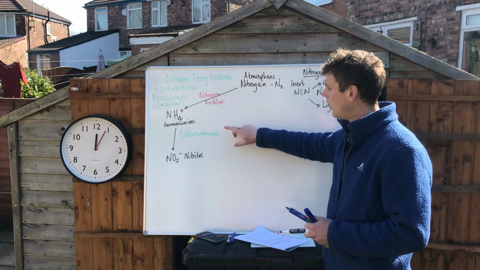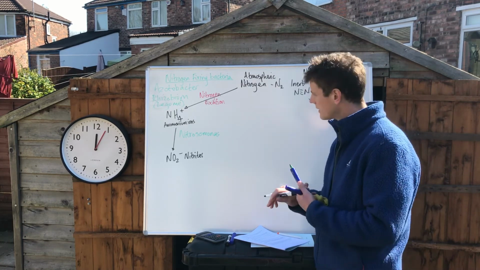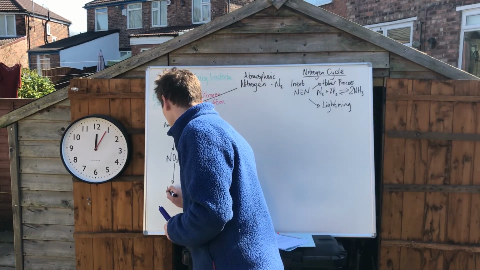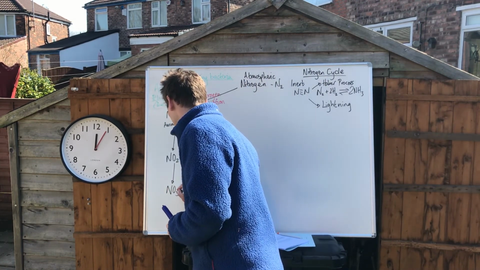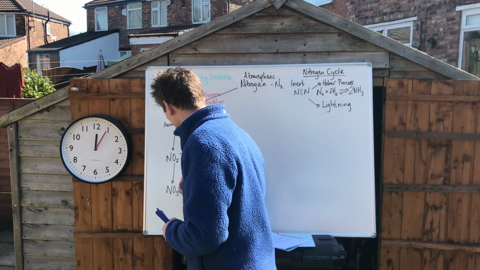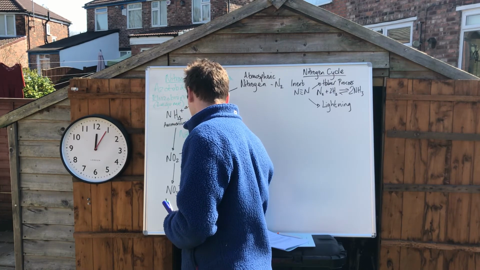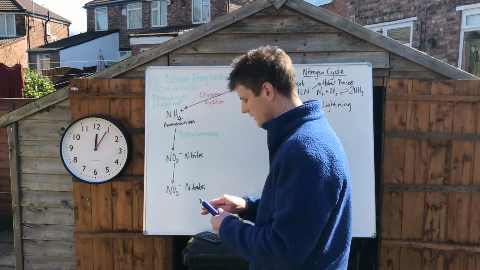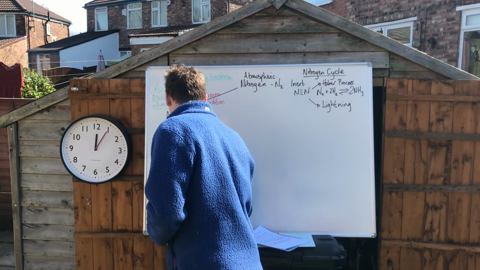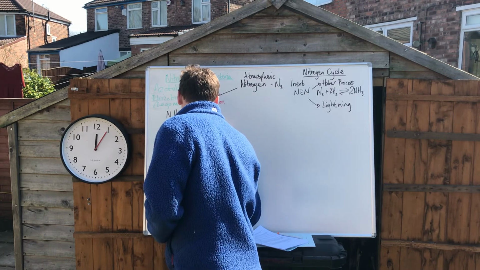Okay, so they oxidise ammonium ions into nitrites, and then there is a second stage where those nitrites are further oxidised into nitrates, NO3 minus. And this is by a second bacteria called Nitrobacter.